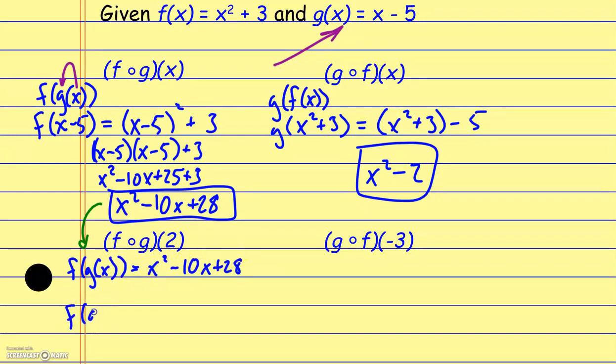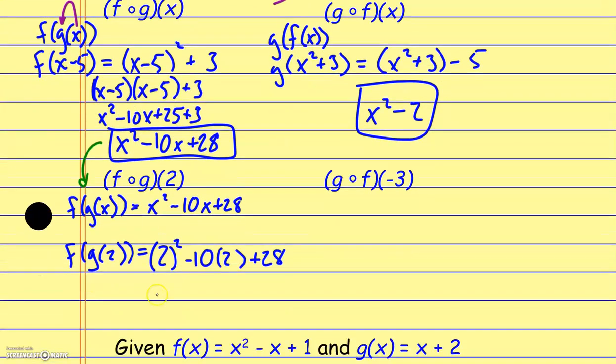So f of g of 2, well, that's just saying instead of x, plug a 2 in. That would be 2 squared minus 10 times 2 plus 28. Okay? That's what this is essentially telling me to do. And when I do that, that leaves me with 4 minus 20 plus 28. It looks like a 12.